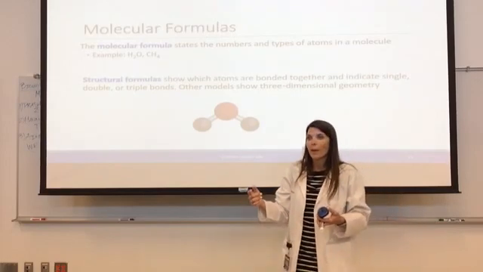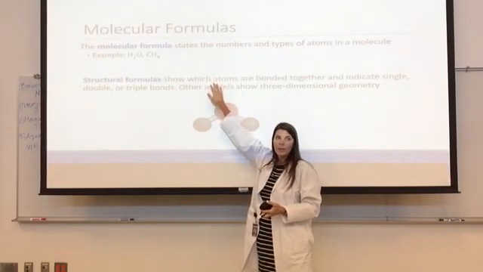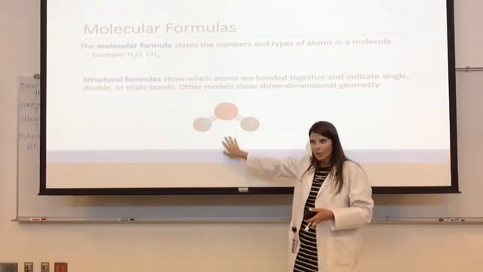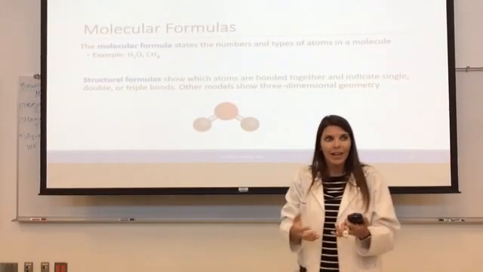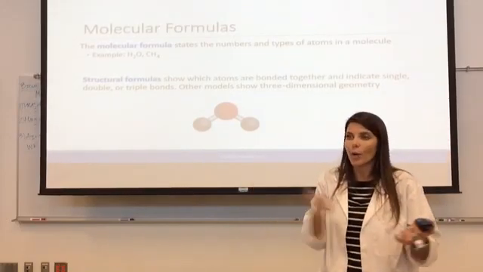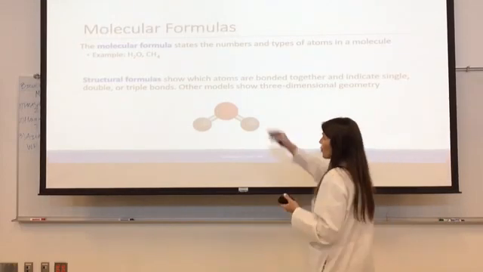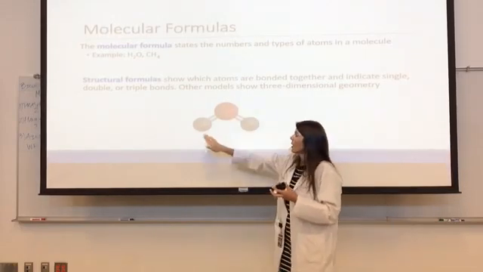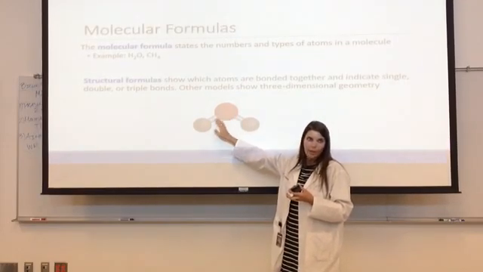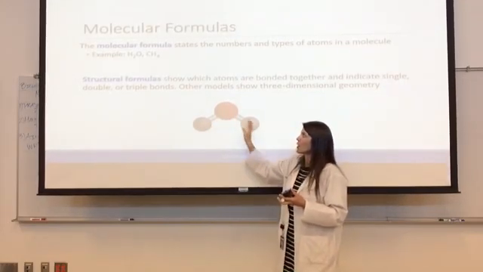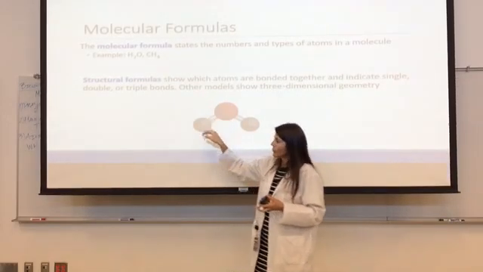Okay? We will use the molecular formulas to make the structural formulas. So I'm going to give you a kit that has these different colors that represent the different elements. For example, using water, H2O, I'll have 2 hydrogens and 1 oxygen. So this is the structural rendition for water, H2O.